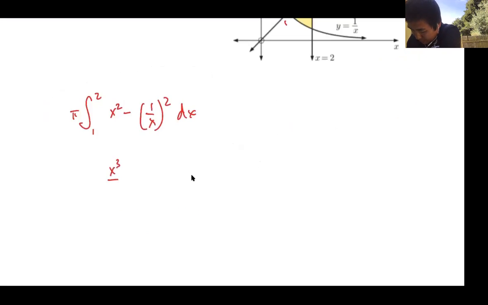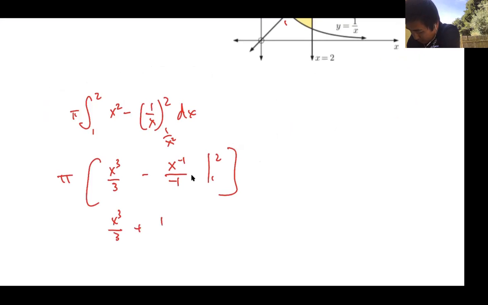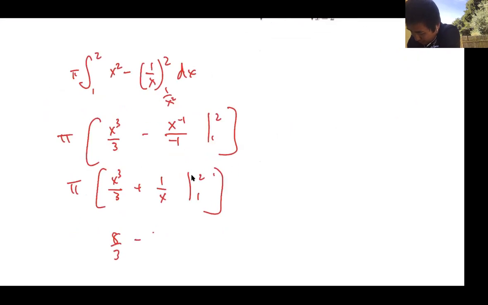So x cubed over 3 minus 1 over x squared, so that's x to the negative 1 over negative 1, from 1 to 2 times pi. So x cubed over 3 plus 1 over x, 1 to 2 times pi. 8 over 3 plus 1/2, minus 1/3 plus 1 over 1.